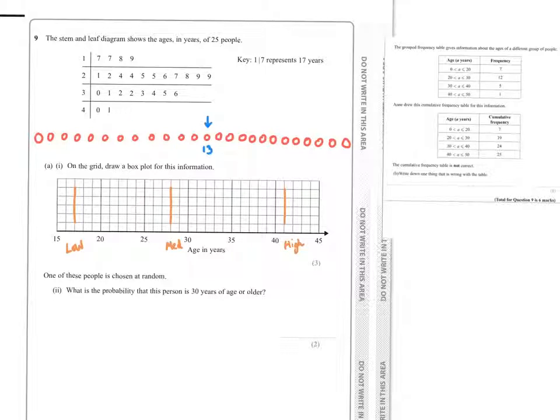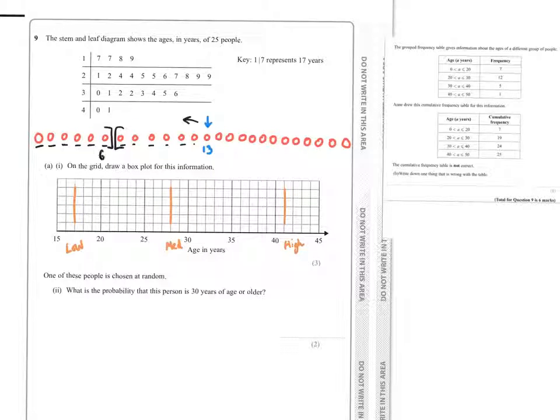And then we want the lower quartile and the upper quartile. Well, the lower quartile, let's have a look. If we've got 12 bits of information to the left of the 13th piece, then we've got 1, 2, 3, 4, 5, 6 this way, and then 1, 2, 3, 4, 5, 6 this way.